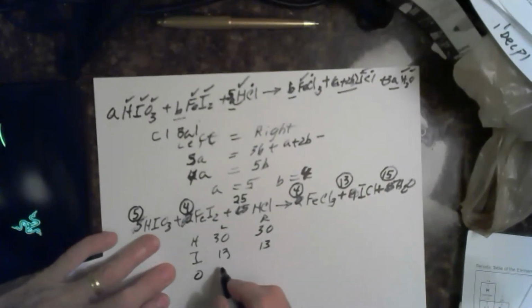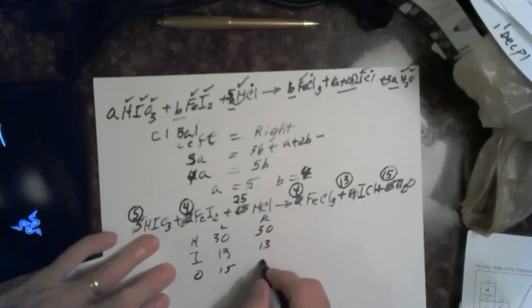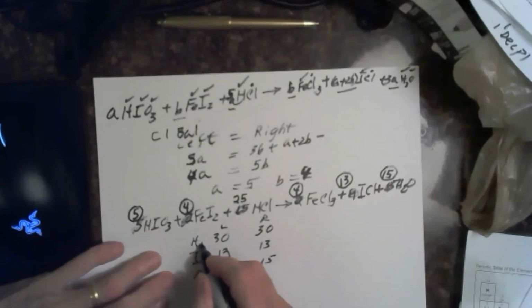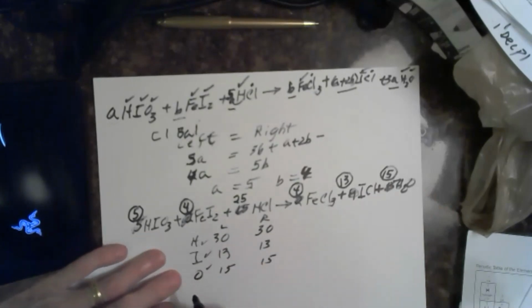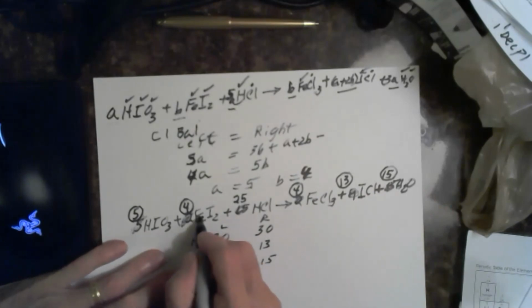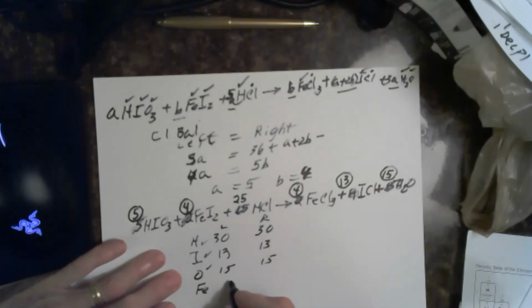Oxygen is only in this one, so I've got 15 on this side and 15 on that side. So all 3 of these are balancing. For iron, on the left I've got 4 and on the right I've got 4, so they're both 4s. That balances.